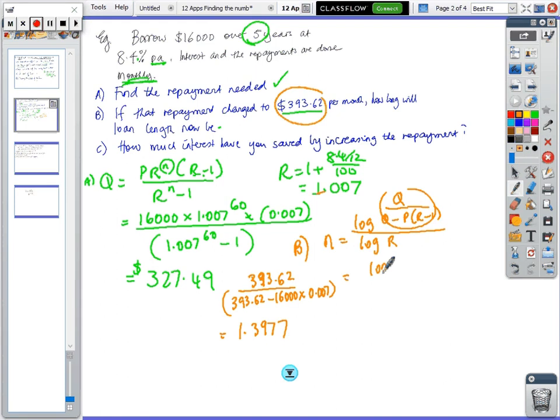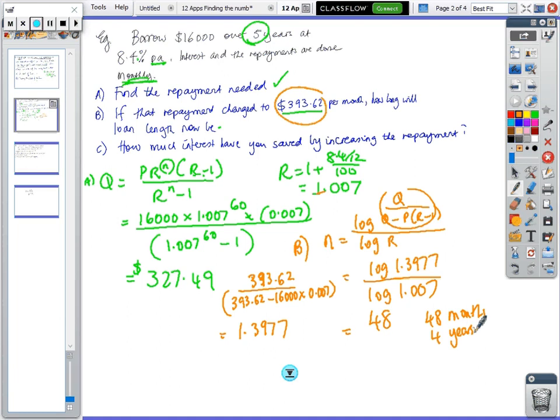So then we've got log 1.3977 over log of R, which is 1.007, and when you put that on your calculator, you get 48. So that's 48 months, or 48 payments, or 4 years.